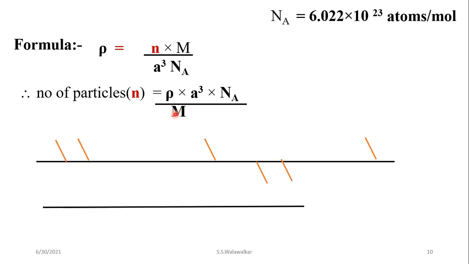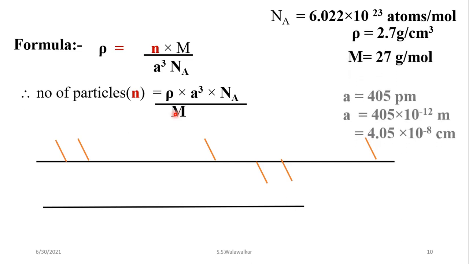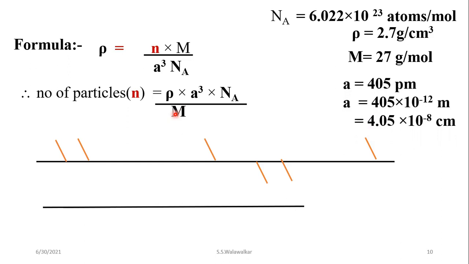Now Avogadro's number you know, 6.022 into 10 raised to 23 atoms per mole. Density, that is 2.7 gram per cubic centimeter. Molar mass 27 grams per mole, and edge length is 405 picometer, that is equal to 4.05 into 10 raised to minus 8 centimeter.